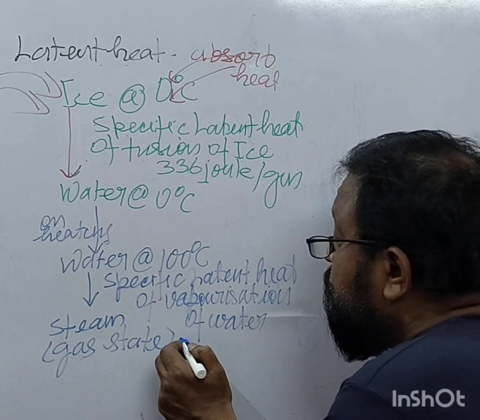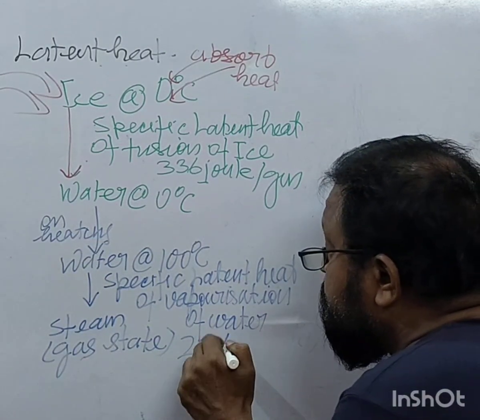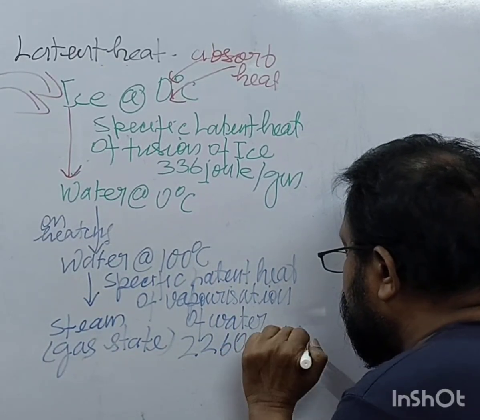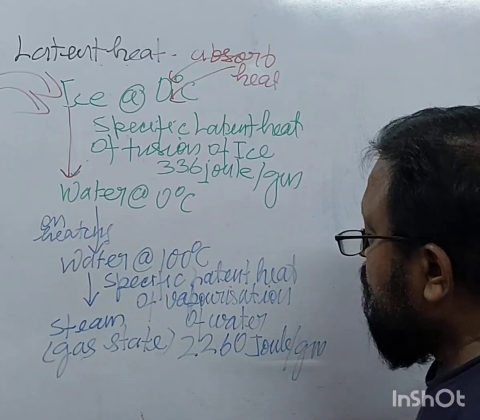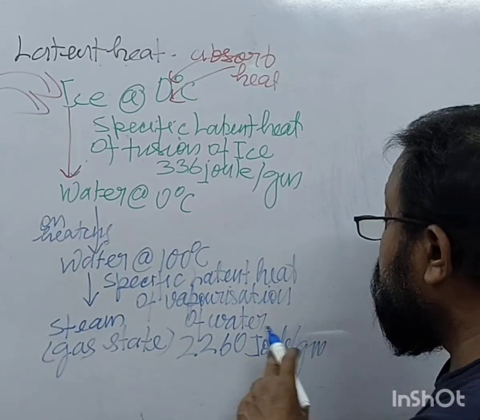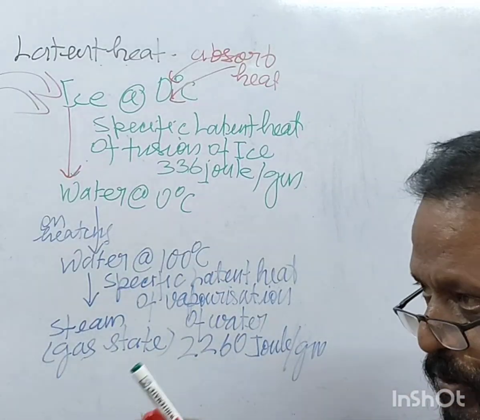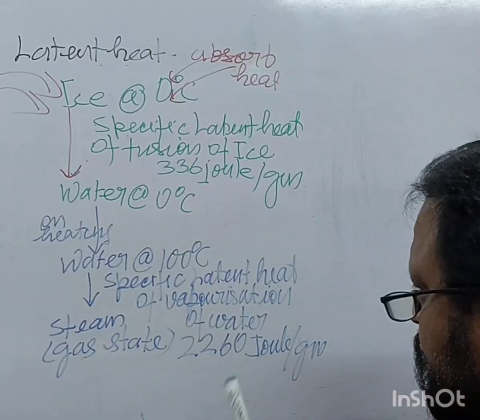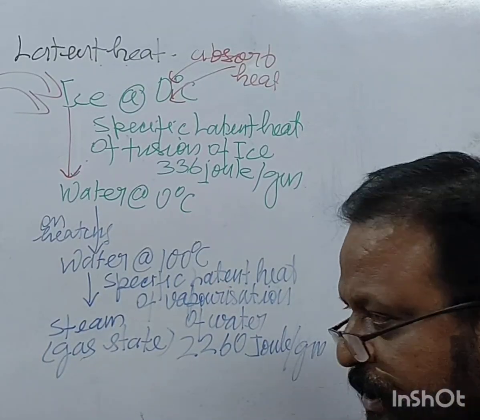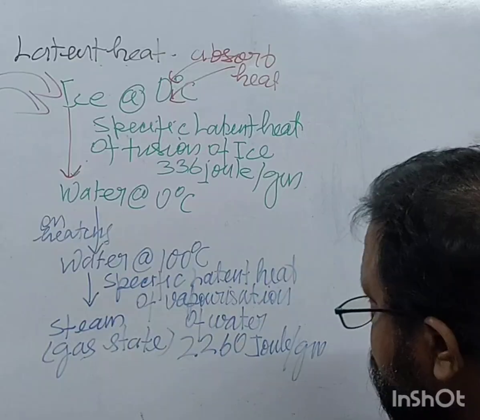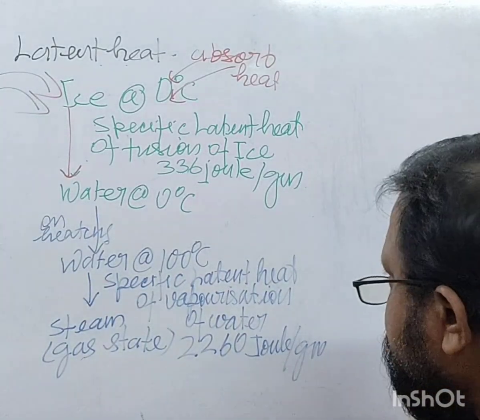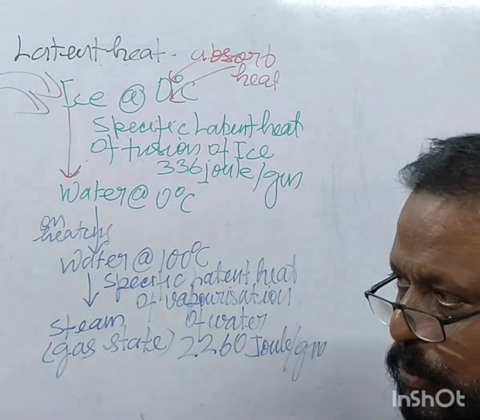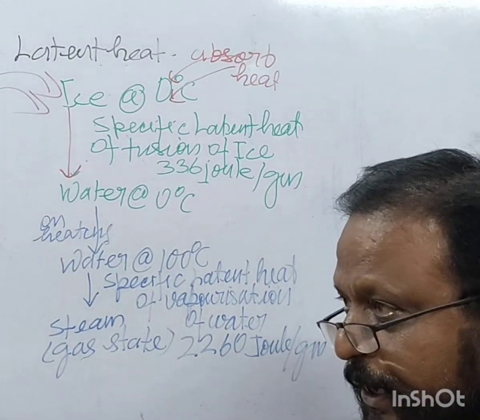The specific latent heat of vaporization of water is 2260 joule per gram. Right? This much energy it absorbs and converts into steam. This is called the specific latent heat of vaporization of water, and that is the specific latent heat of fusion of ice, 336 joule per gram, and this is 2260 joule per gram. Right?